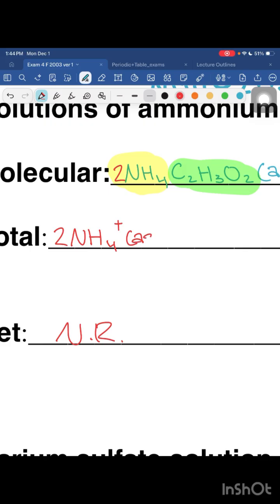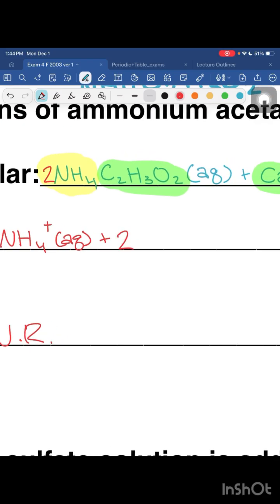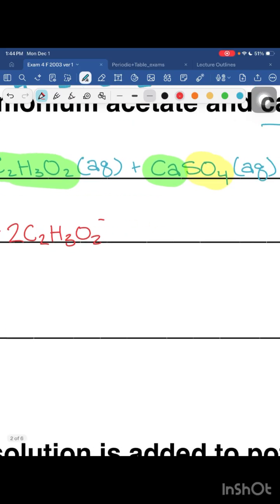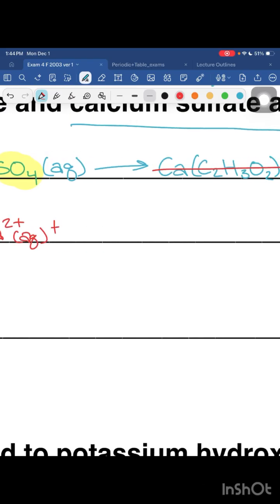These are always aqueous. Plus, that 2 connects to that acetate as well. So I've got 2C2H3O2-, aqueous. Plus calcium 2+, aqueous. Plus SO4 2-, aqueous.